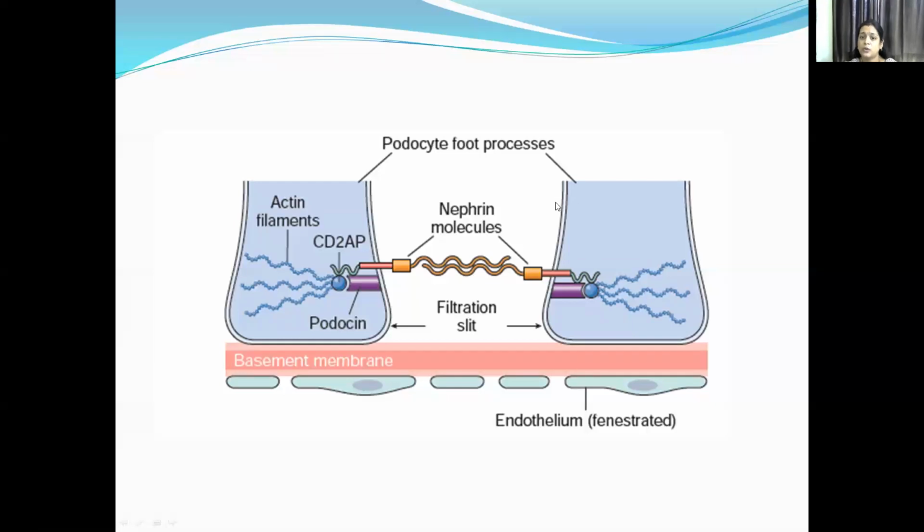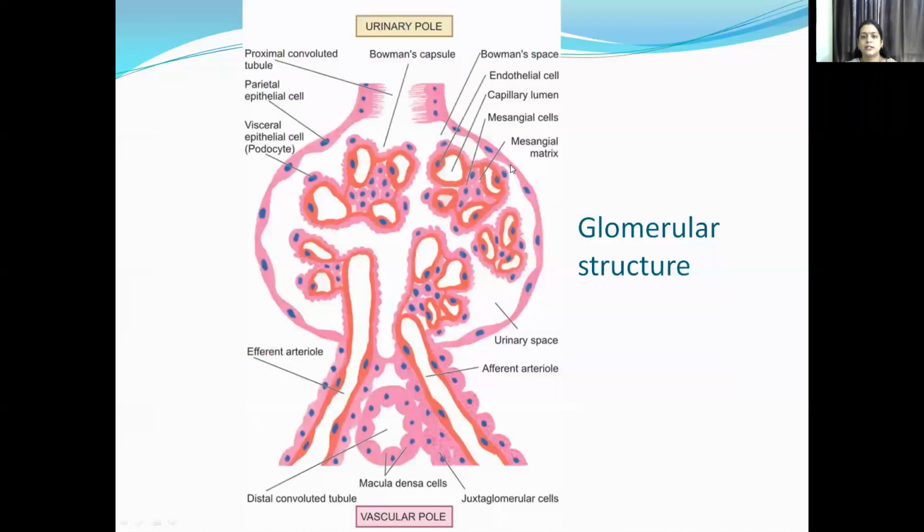There will be podocytopathy, there can be loss of the podocytes, there can be effacement of the podocytes. So basically the filtration slit will not properly exist, and then there will be again deposition of unwanted material, and the filtration will not happen as we require. So this is the importance of the podocytes.